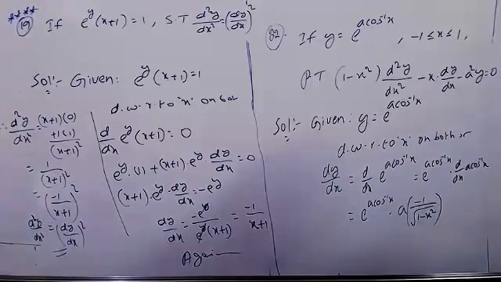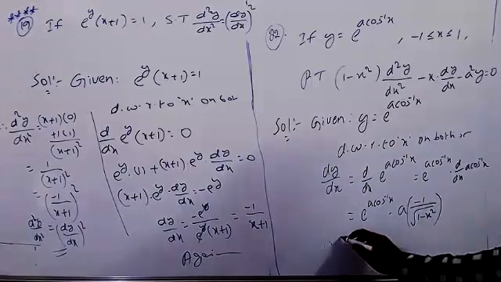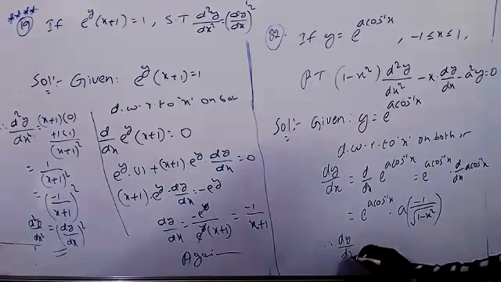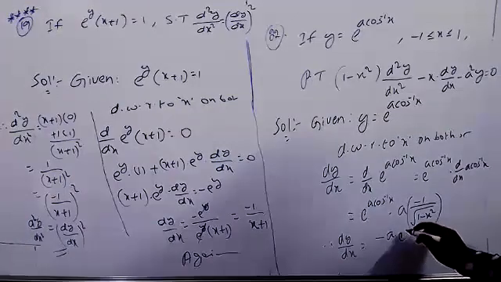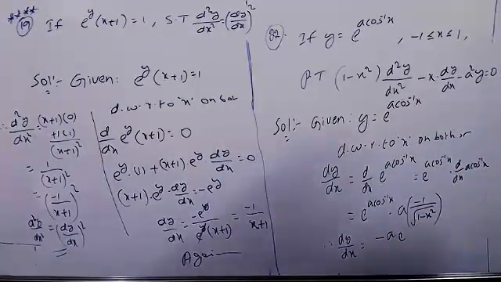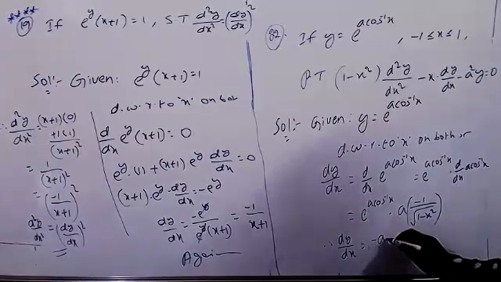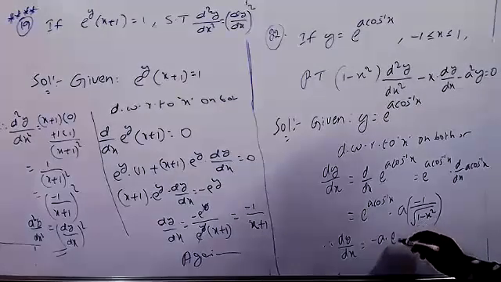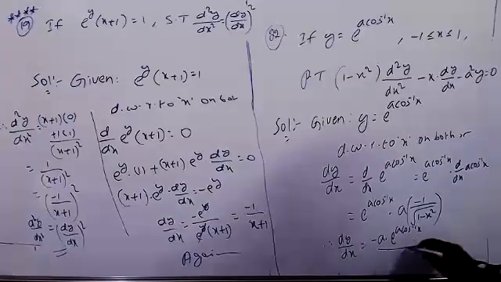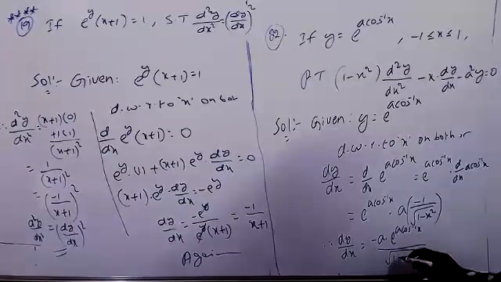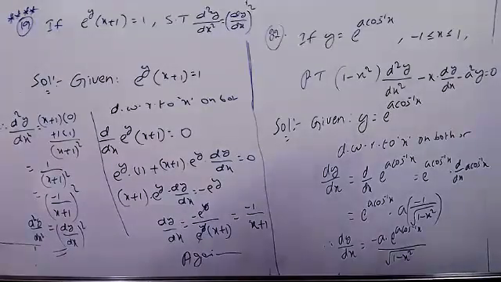Therefore dy by dx equal to minus a into e power a cos inverse of x whole by root of 1 minus x square.